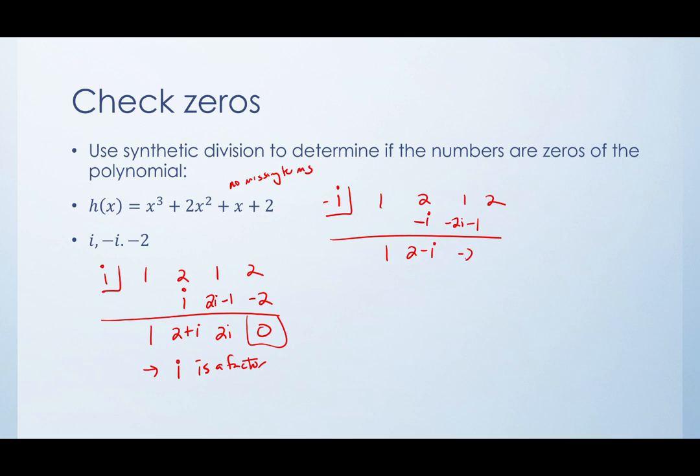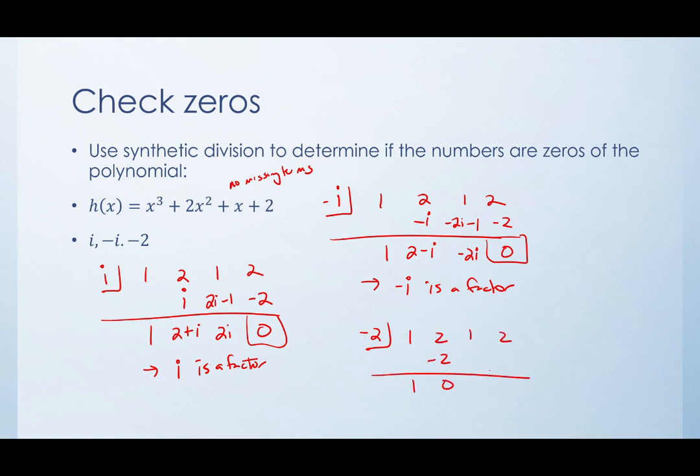So the ones will cancel. We've got minus 2i, and that's going to give us 2i squared, which is minus 2, and we're looking at 0. So that means negative i is a factor. And we've got one more to check, which is negative 2. So 1, 2, 1, 2, and 1, negative 2, 0, 0, 1, negative 2, 0. Also a factor.